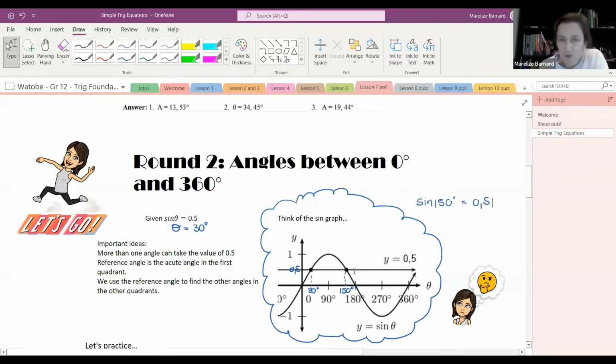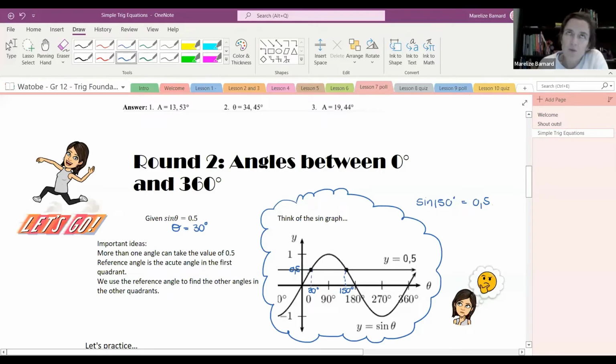So basically what you notice here is that more than one angle can take the value of 0.5. And when we find the 30 degrees, that is the acute angle in the first quadrant, basically.